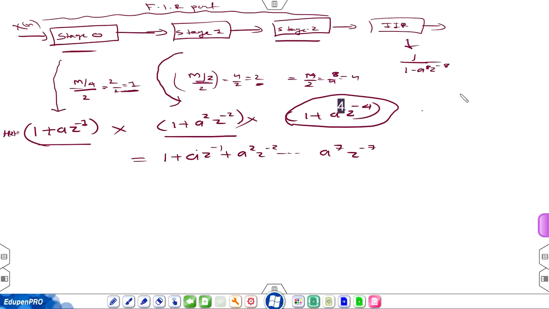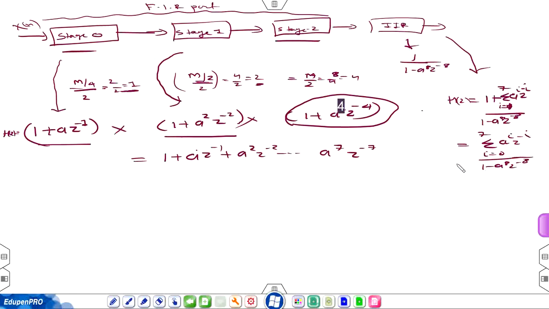Finally, the transfer function H(z) will be the multiplication of all the transfer functions, like this, or you can also write it as the sum for i equal to 0 to 7 of a raised to power i z raised to power minus i, divided by 1 minus a raised to power 8 z raised to power minus 8, like this. You can verify by multiplying the 3 different polynomials, the result will be the same.